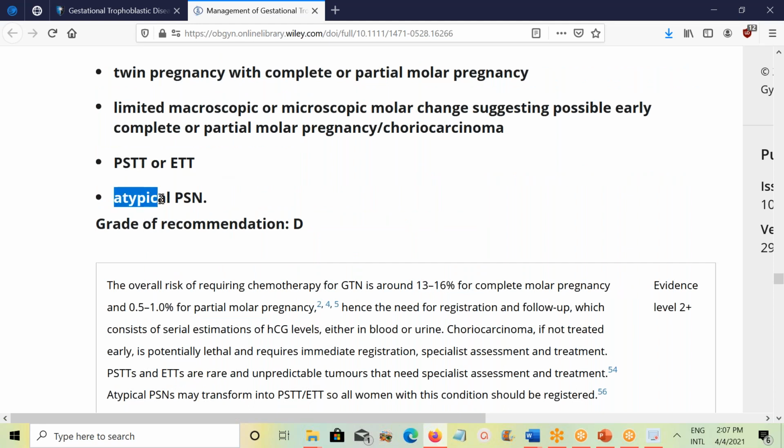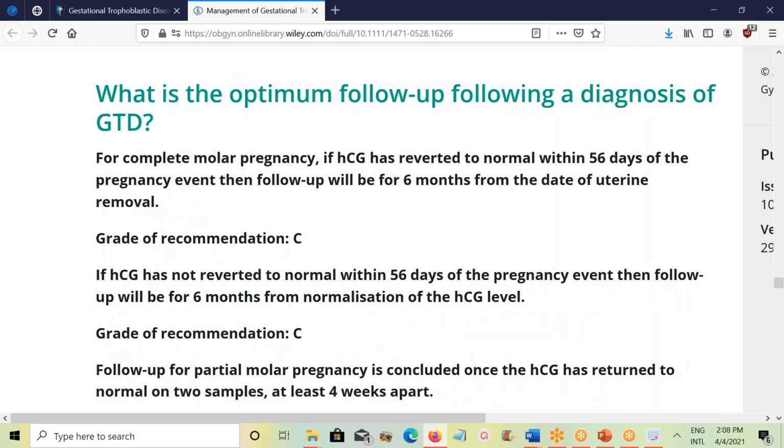Pay attention to the atypical nodule. If an atypical nodule is there, we are going to refer them. The risk of chemotherapy we already discussed: 13 to 16% for the complete molar pregnancy, and for the partial 0.5 to 1%. So for partial, the risk is lower, so we are giving chemotherapy to a lower number of cases.